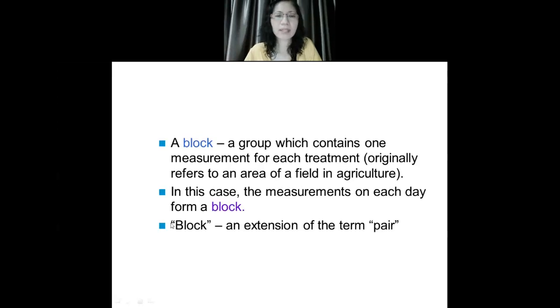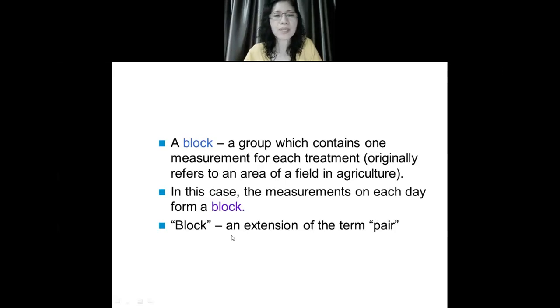Block, in this sense, is an extension of the term pair. Remember, we have the paired design. We have the paired t-test. Now, with the paired t-test, we can only compare 2 means. If you have 3 or more, then you cannot use the paired t-test.